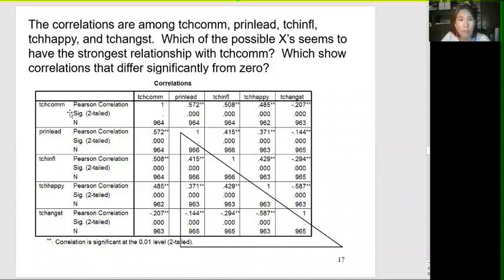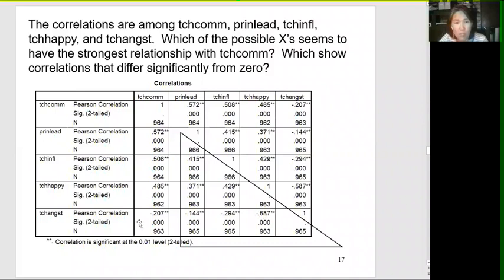So the dependent variable was teacher community. The relationship between teacher influence and principal leadership, and the relationship between teacher happiness and teacher influence, is pretty high. So we want to avoid this kind of thing.